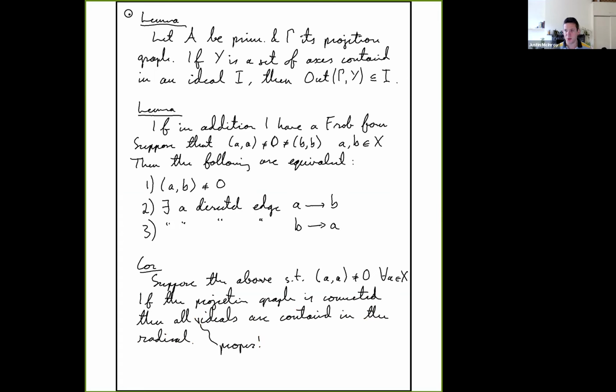That is, there are no proper ideals which do contain axes. So that's an easy corollary from this lemma. Okay, so that is all I wanted to say about ideals.